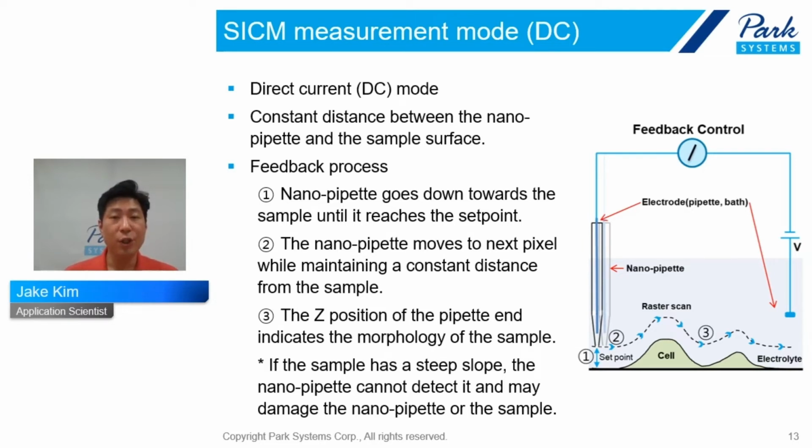And the Z position of the nanopipette end indicates the morphology of the sample surface. But one critical point of DC mode is if the sample has a steep slope or a complicated structure, the nanopipette cannot detect this structure and it may damage the nanopipette or sample surface. So I can say it is not suitable for some biological samples or complicated features.